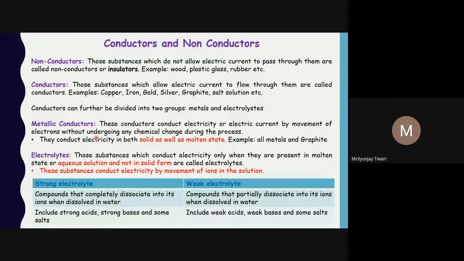Metallic conductors conduct electricity in both solid as well as molten state. Examples are all metals and graphite. Graphite is also called a metallic conductor, though it is not a metal, because the mechanism by which it passes electric current is similar to that of a metallic conductor.